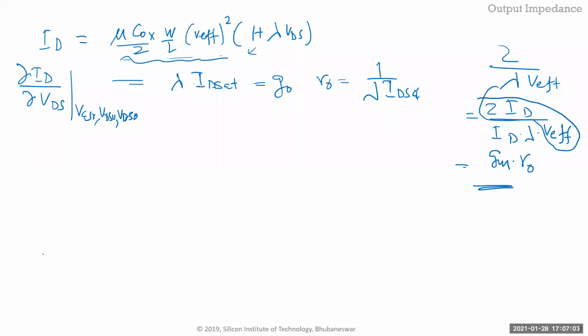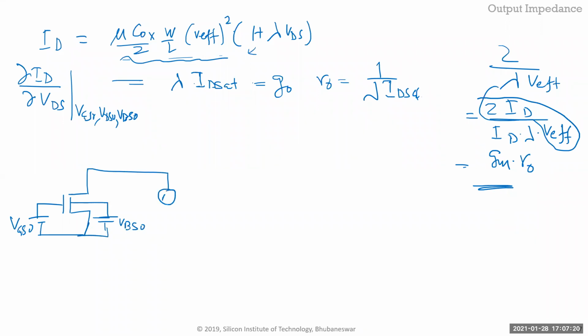So if I draw it diagrammatically, this is what we did. We fixed some value VGS0, we fixed some value VBS0, where typically it is 0 if source and bulk are shorted.